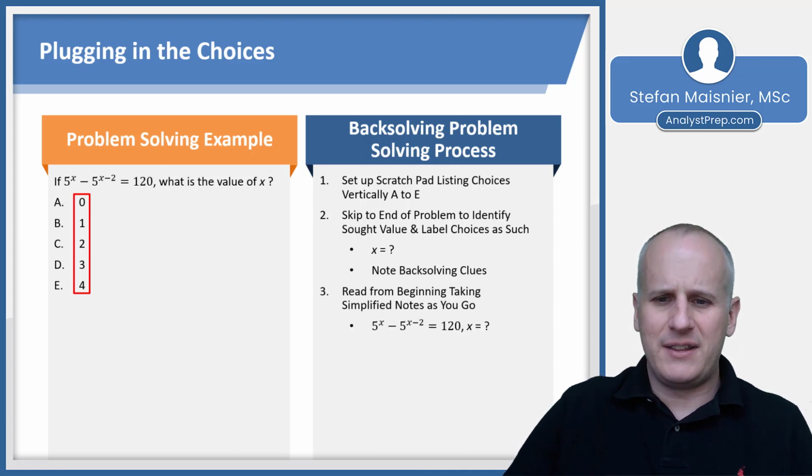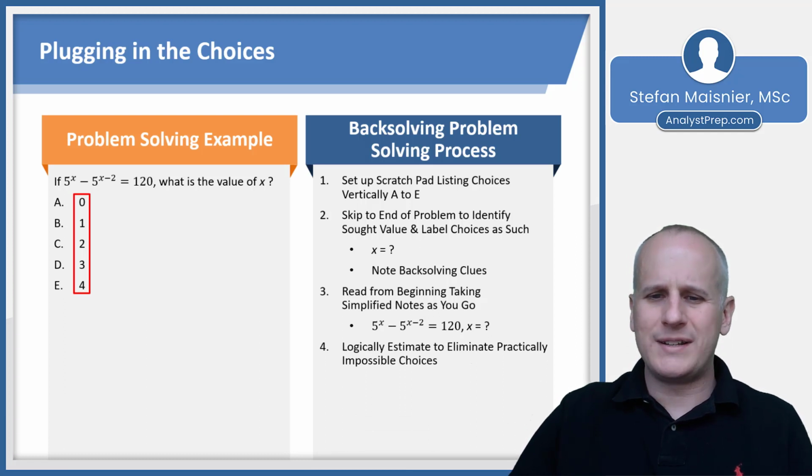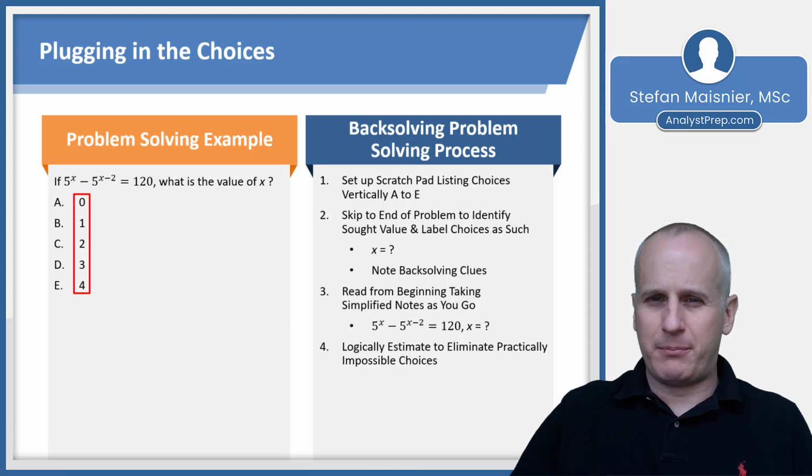We've got 5 to the x power minus 5 to the x minus 2 power is equal to 120. What is x equal to? So we first want to logically estimate to eliminate impossible choices. So here, I know that I'm subtracting something from 5 to the x and getting 120. And it has to be some sort of value that is positive for both of them.